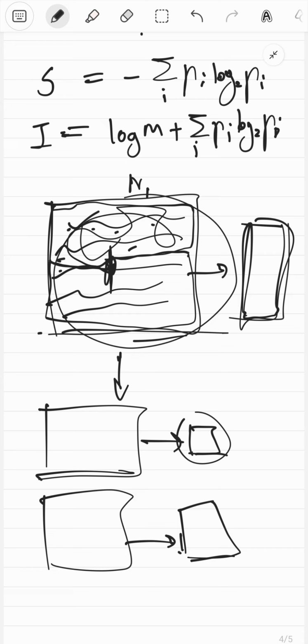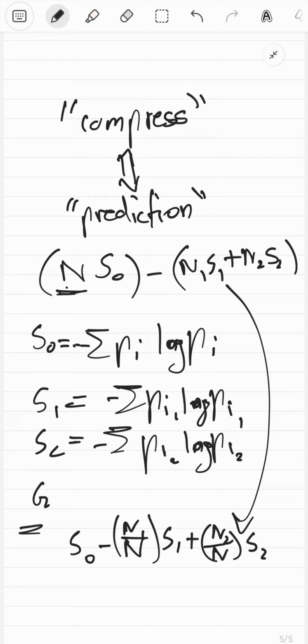We split an impure data set into two data sets, in which at least one of them is more pure than the initial one. In that way we can say we are making a gain. So this is called information gain, and that's a metric we use for classification.